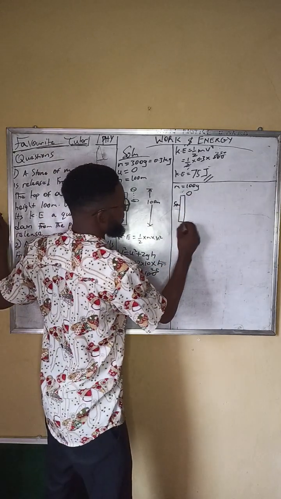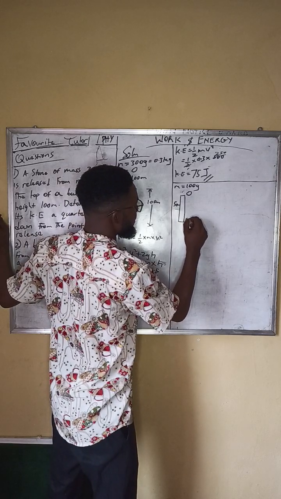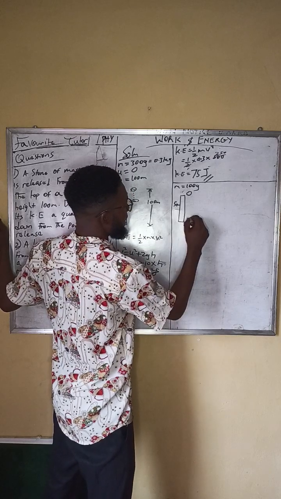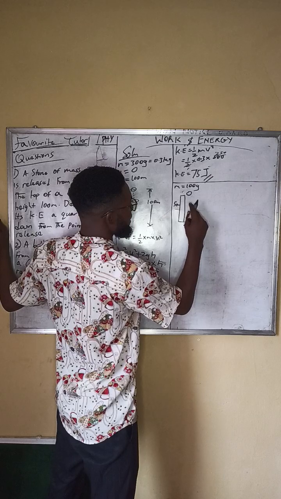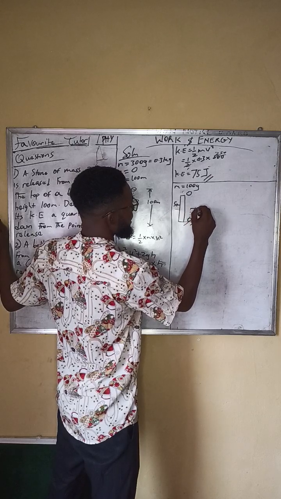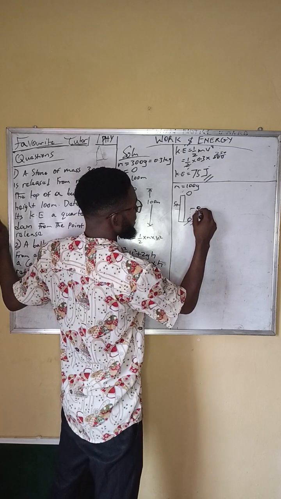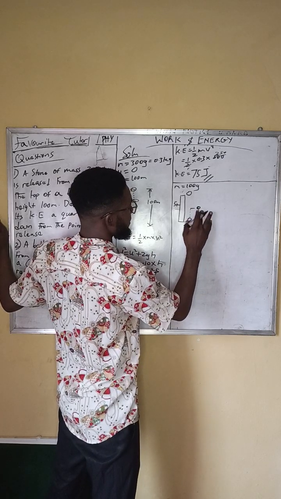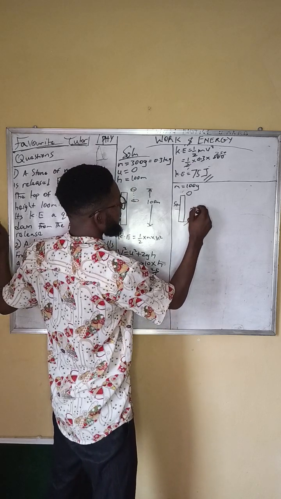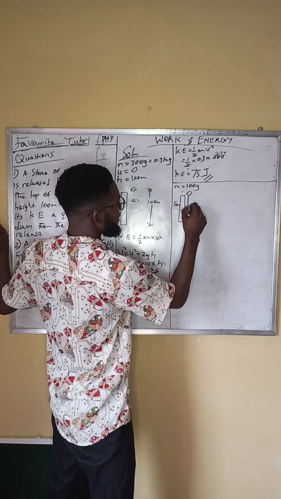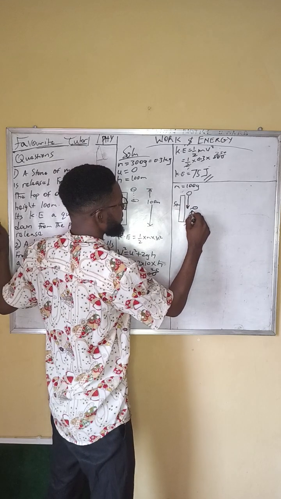It falls down to a concrete floor, hits the floor, and then rebounds to 3 meters. Let's say the ball is somewhere here and rebounds to 3 meters right here. The ball goes down, hits the floor, and bounces up to 3 meters.